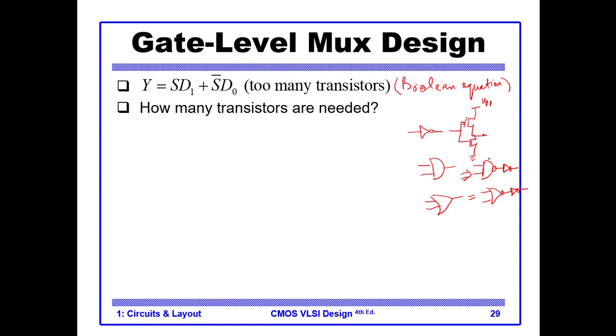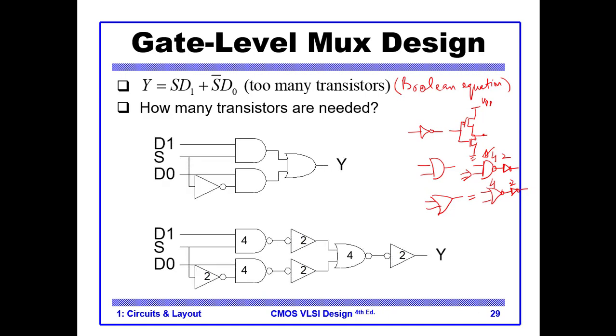If you remember the circuit for the AND gate, it was 4 transistors for NAND, 2 transistors for NOT, 4 transistors for NOR, 2 transistors for NOT. So if you want to implement the above equation, this is the circuit with AND gates, and this is the circuit with NANDs and NOTs. So this is a NOT, this is a NOT, and this is a NOR.